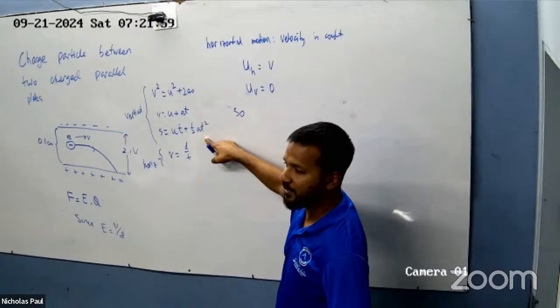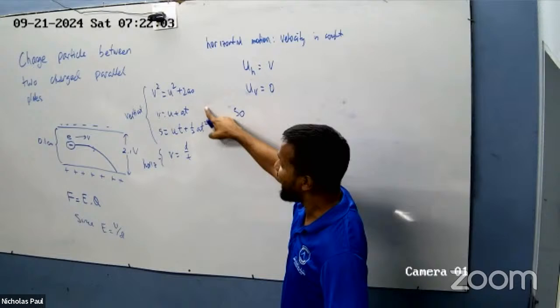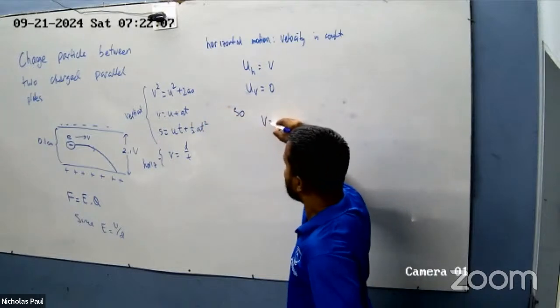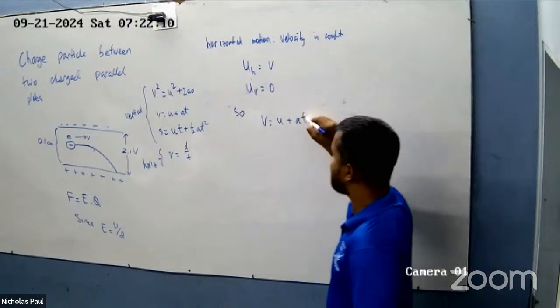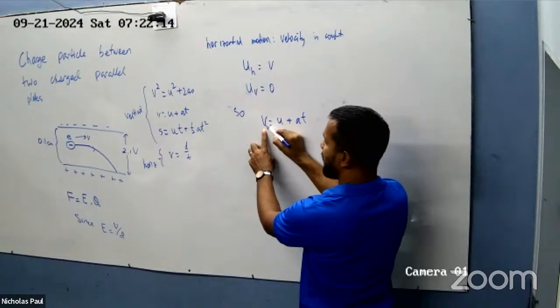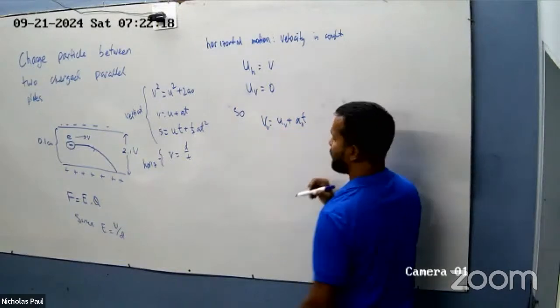We don't have s yet, so we can't use these. So we're using v is equal to u plus at. We are trying to find vertical velocity. We know the initial velocity, we know the acceleration, we know the time.